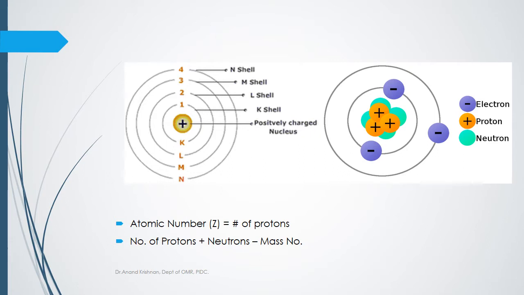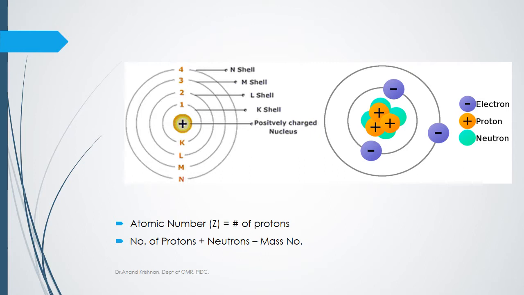You need to understand the structure of an atom to understand Bremsstrahlung and characteristic radiation, which we will be seeing further. So what we have to remember here is that there is a central nucleus which consists of protons and neutrons, and there are electrons revolving around it in shells, and each shell has a capacity to hold a certain number of electrons within it. For example, the K shell can hold 1 electron, the L shell can hold 2, the M shell can hold 3, and the N shell can hold 4.